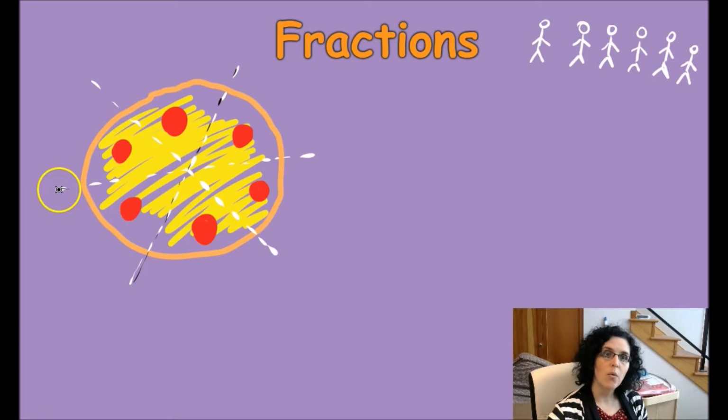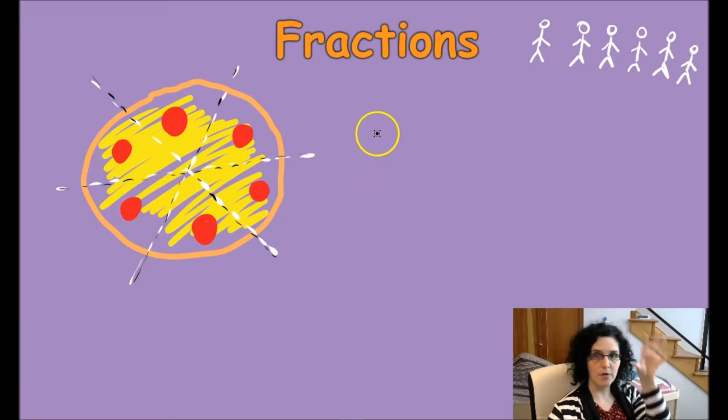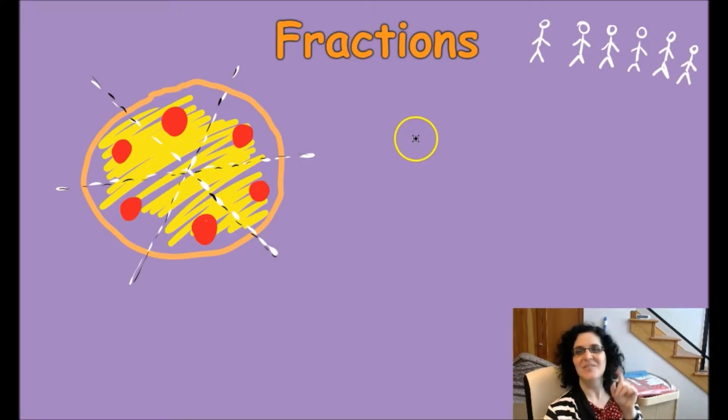And what if we were to write this in number form? You want to take a guess? First of all, the whole number of pieces that I have will go on the bottom. So what's my whole number? 12? No. 12 is adding the number of friends to the number of pizzas. That's not how it works.